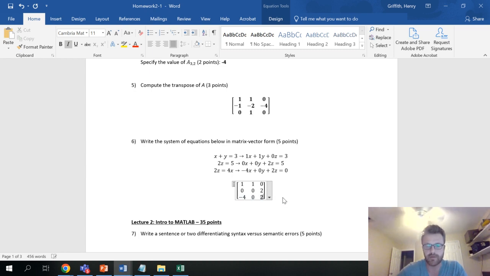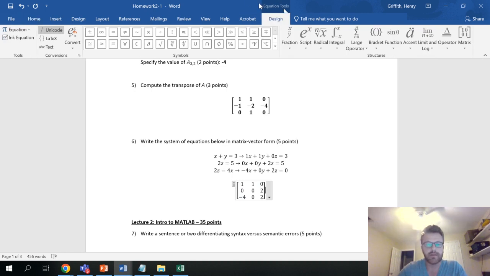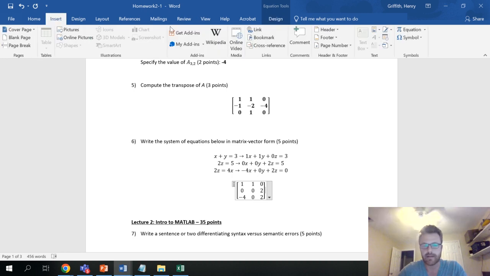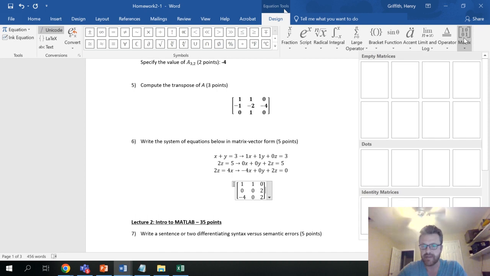Remember that in matrix vector form, you have the actual coefficient matrix multiplied by, and if I go to my insert equation here, for those of you that might be curious how to do this, I want to actually insert a 3 by 1 matrix here.